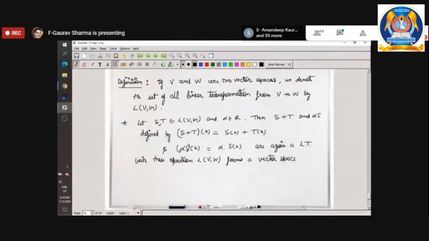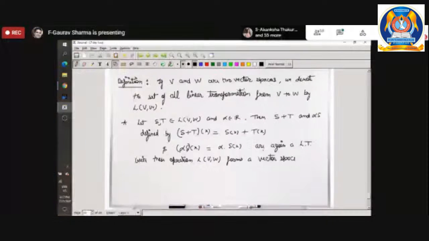So let us move to the next definition. If V and W are two vector spaces, we denote the set of all linear transformations from V to W by L(V,W). We define the sum of two transformations as (S+T)(x) = Sx + Tx, and (alpha S)(x) = alpha times Sx.